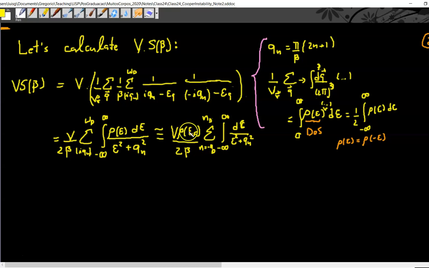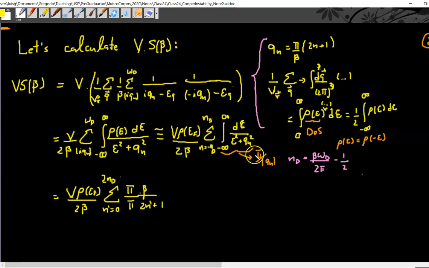So I take this v rho of the Fermi energy, and that gives us the order of magnitude. That's what we're looking at: v times the density of states at the Fermi energy times, now I can integrate this, right? And I try to evaluate the sum. So this integral, if you do it, will give you pi over the absolute value of this.